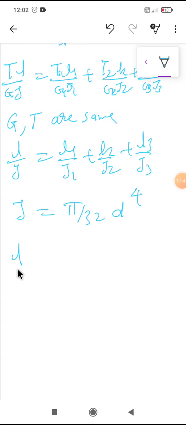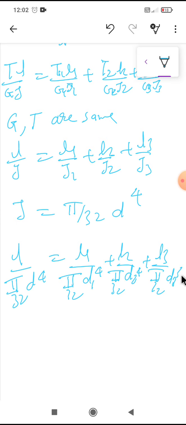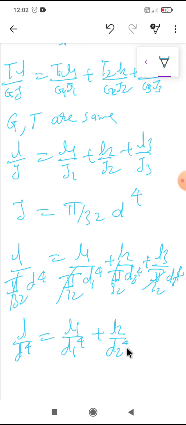So we get L by (pi by 32 d raised to 4) is equal to L1 by (pi by 32 d1 raised to 4) plus L2 by (pi by 32 d2 raised to 4) plus L3 by (pi by 32 d3 raised to 4). Here pi by 32 gets cancelled out, so we are left with L by d raised to 4 is equal to L1 by d1 raised to 4 plus L2 by d2 raised to 4 plus L3 by d3 raised to 4.